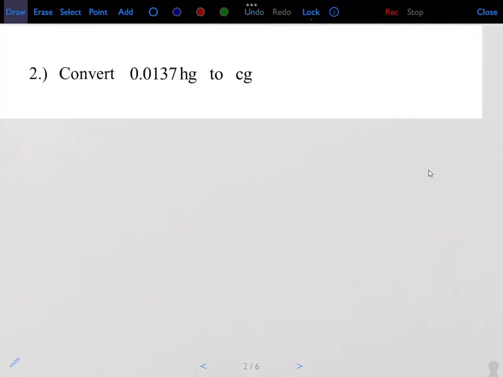Okay, the next question, we're asked to convert from hectograms to centigrams. So this is like a conversion within the metric system. Remember, there is a quick way of doing this. If you look at the table, here, let me write this out. Let's say I have grams or meters, or liters, whatever the unit is in the middle.